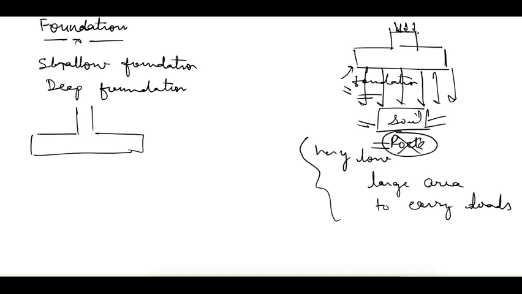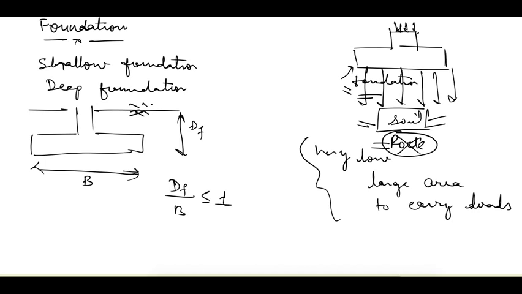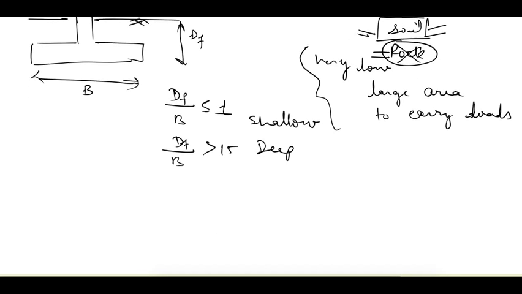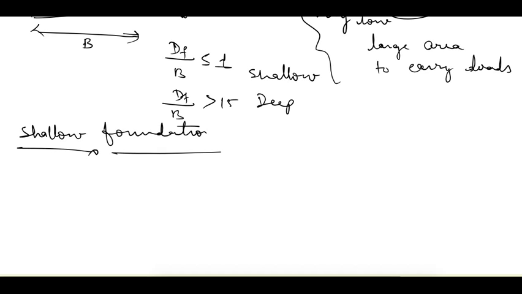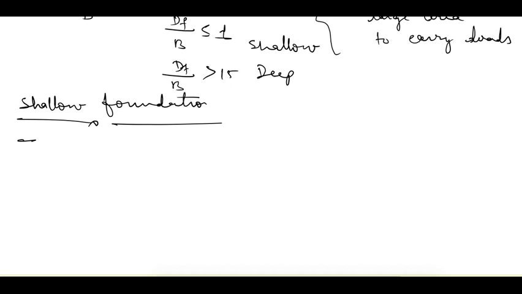If this is the foundation and this is ground level, if this is the depth of foundation and this is the width of foundation, then if Df by B is less than or equal to 1, it is a shallow foundation, and if Df by B is greater than 15, then it's a deep foundation. So first we'll cover the shallow foundation, and then we'll see the deep foundation also. So first let's see the types of shallow foundation.